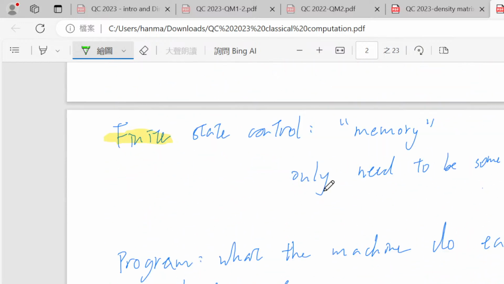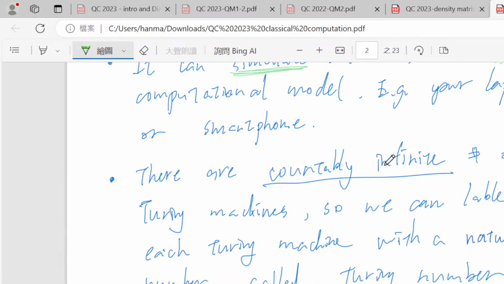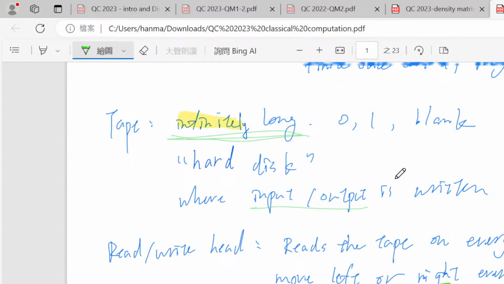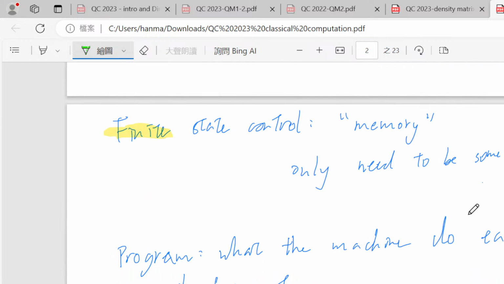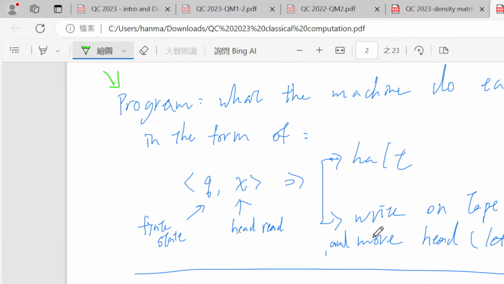And also, something interesting is you can count the Turing machines, because you see the different Turing machines only differ by those two things, right? So like how many finite state controls they have, and how the program is written. So your program you can write as an instruction set: Q in, X in, then Q out, X out, and move.